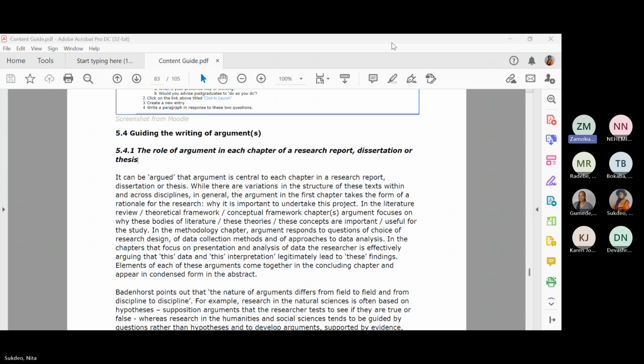And then each paragraph should focus on an idea. It shouldn't be mixed up, and I shouldn't get lost in what you are saying and what you are intending to convey in your research. So those are some of the guidelines that I work along in terms of guiding and supervising students.